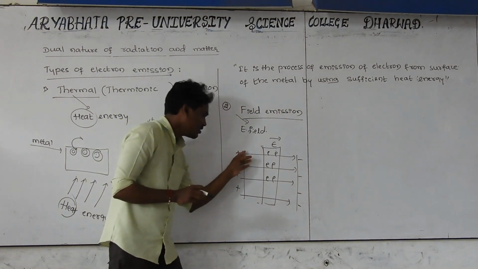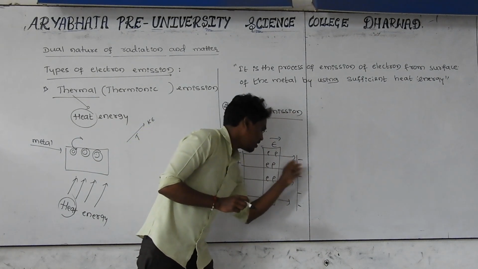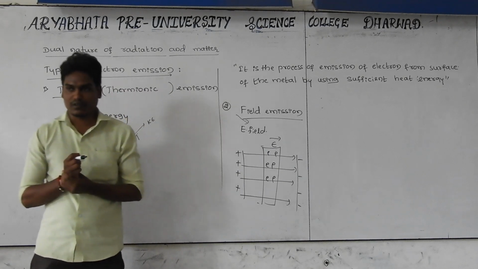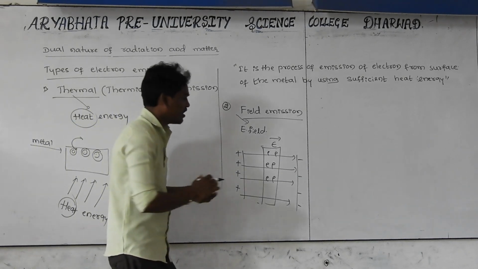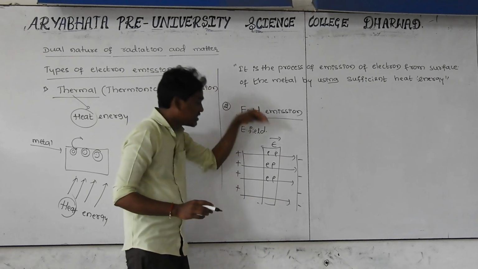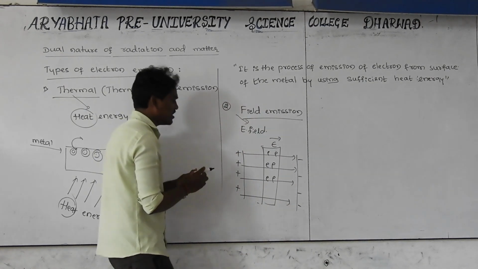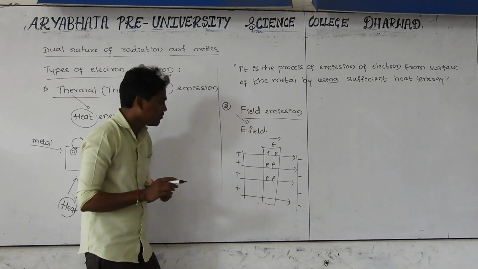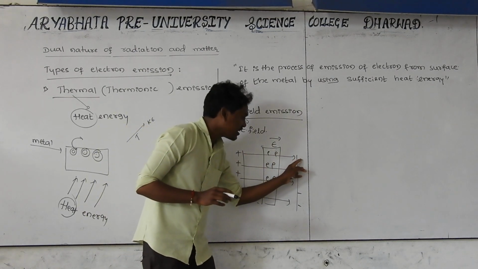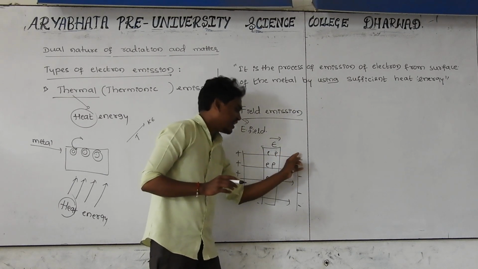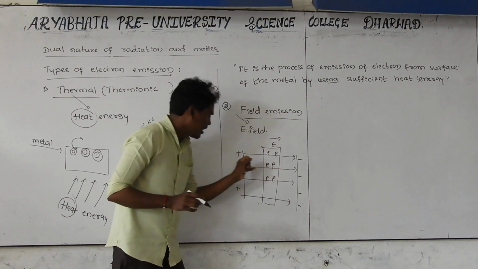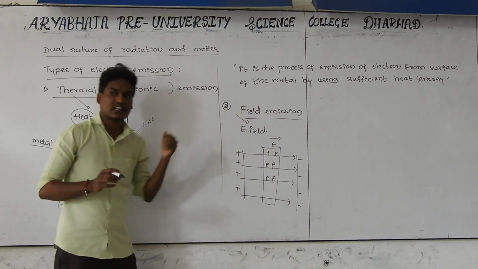Whenever this electrical field is incident on the metal, there is an electrostatic force of attraction by the positive charge and an electrostatic repulsion from the negative charges. This negative charge repels the electron and this positive charge attracts the electron.